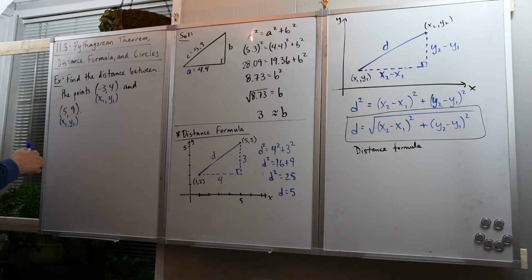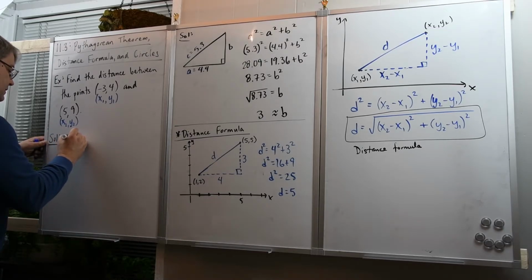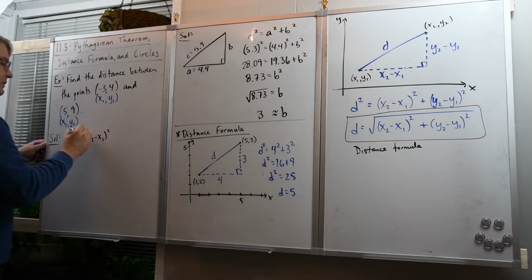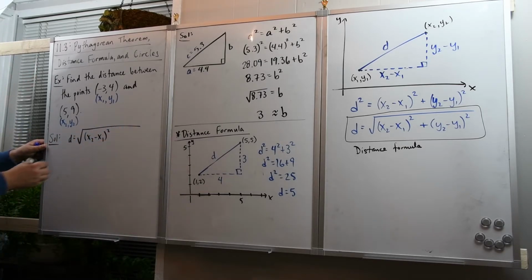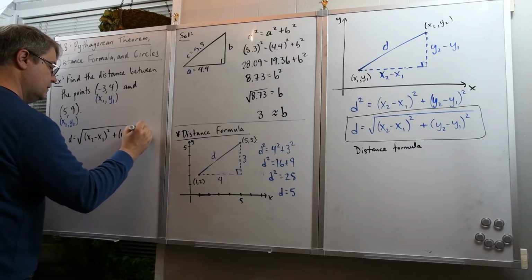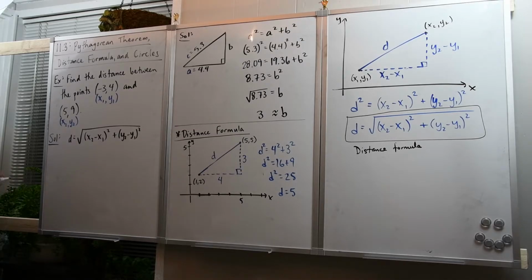So what happens in this case is we get the following. D is going to be the same thing as the square root of the square of x2 minus x1 plus the square of y2 minus y1. So what we're going to do is plug in 5 for x2, and then plug in a -3 for x1.